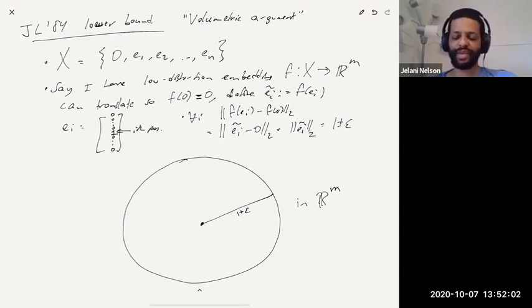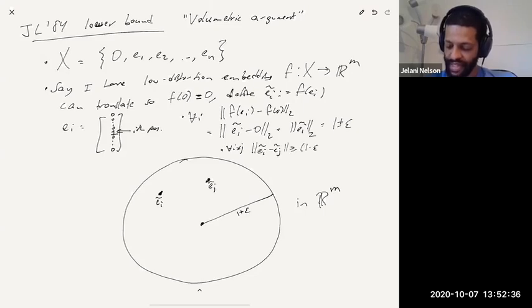If you take two of them, here's some ei tilde, here's some ej tilde, they have to be far apart, because originally their distance was root 2. So now, for all i not equal to j, the distance from ei tilde to ej tilde has to be at least 1 minus epsilon times the square root of 2.